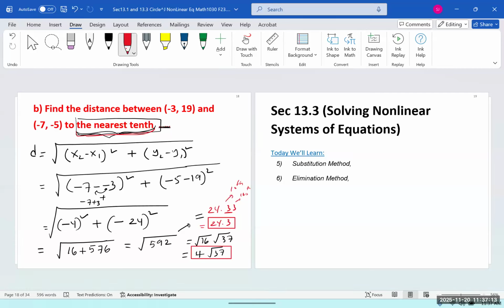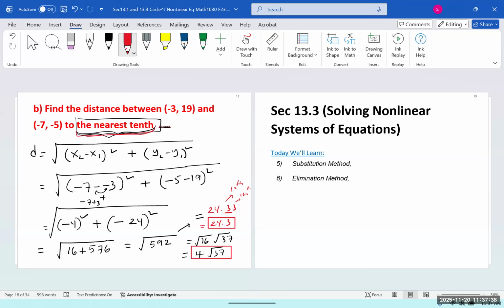Okay, so new section. Pay attention. New section and the last section, guys. This is the last new material you're going to learn in this class. The two methods we are going to use here to solve are substitution and elimination.